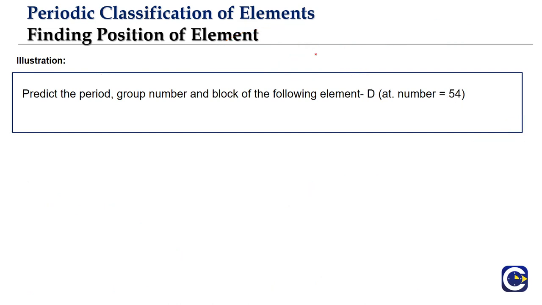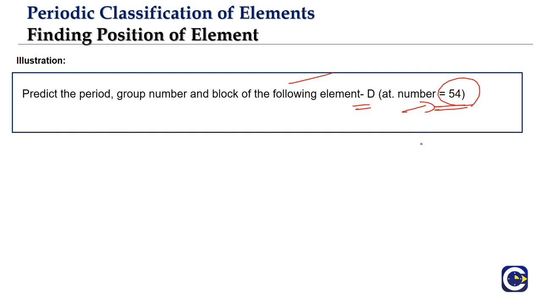Okay, now let us look at the last example. We have an element with atomic number 54. Now here, I want you to check if this is striking anything for us. Atomic number 54, because to identify the position of an element in the table, there is one more method.